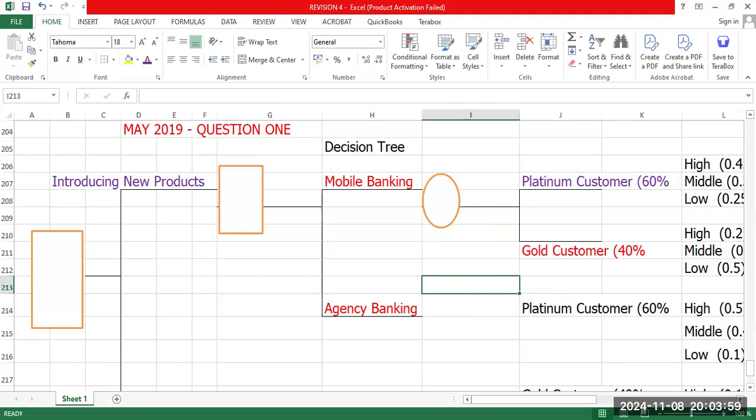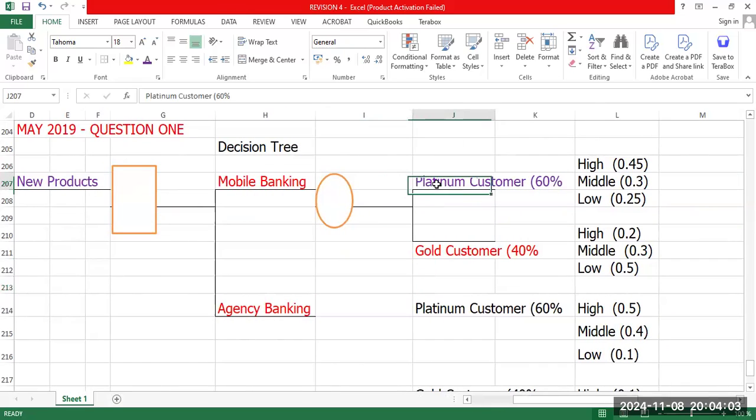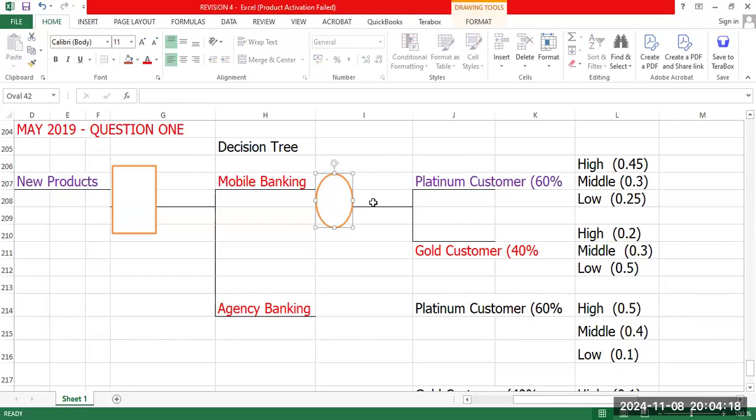Are you seeing that? Now I have presented platinum and the gold customer. Because these are states of nature, each state of nature must start from a circle. This is a circle, and my states of nature are starting from a circle.